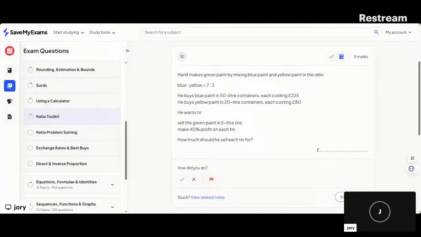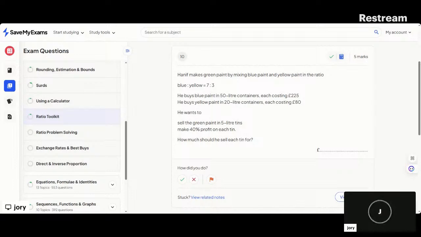And then 15 20-liter containers times 80 is 1,200 euros. Okay, add them together. He's going to pay in total 4,350 euros. And how many paint liters is he going to have?